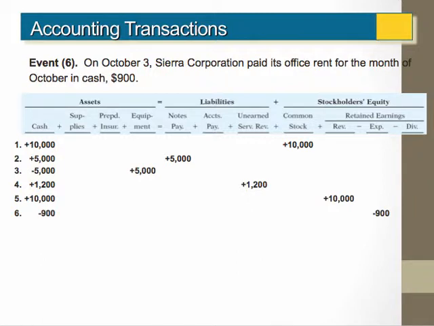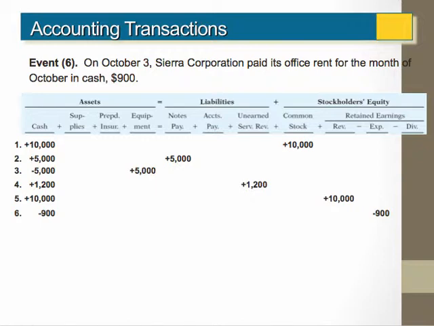Event number 6, on October 3rd, Sierra Corporation paid its office rent for the month of October of $900. So cash goes down by $900 and the expenses are going to decrease retained earnings. Now be very careful with this because I find that many students will want to put a positive number in this column.